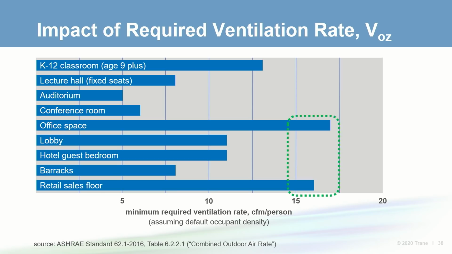For spaces with higher ventilation rates, like an office or a retail store, this likely allows for a higher supply air dew point. But for spaces with lower ventilation rates, like an auditorium or a conference room, a lower dew point is likely required. We saw that in the example conference room that Eric showed earlier.